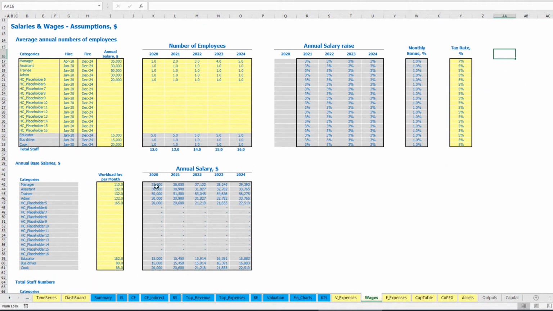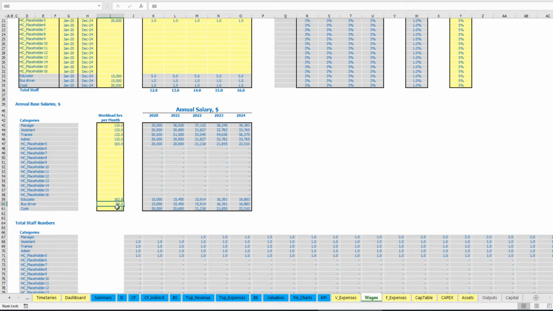Additionally, you have the calculation of annual salary, which depends on the salary growth rate and starting annual salary. But you should input also workload, hours per month for each of the categories. The standard amount is something between 160 and 165 hours, but it can vary if it is part-time, or in case it is a driver it can be half-time, which is 88 hours.